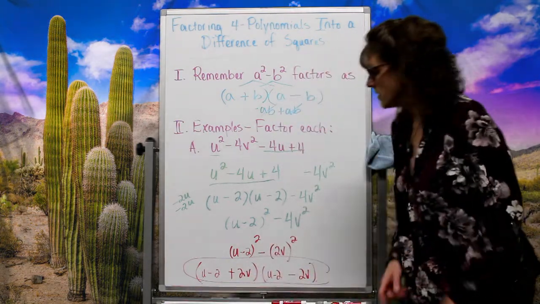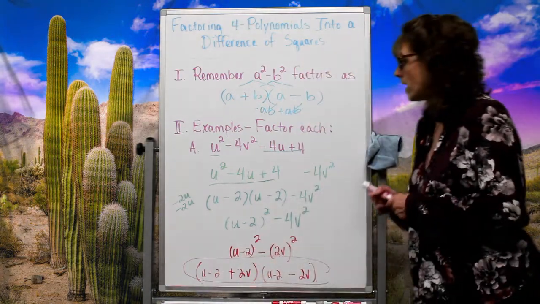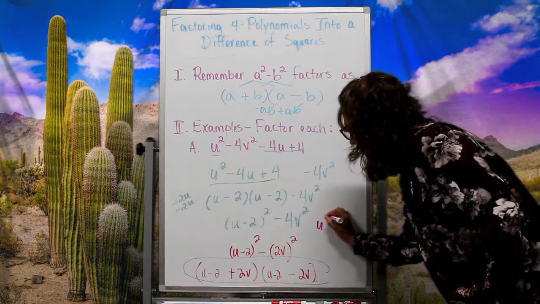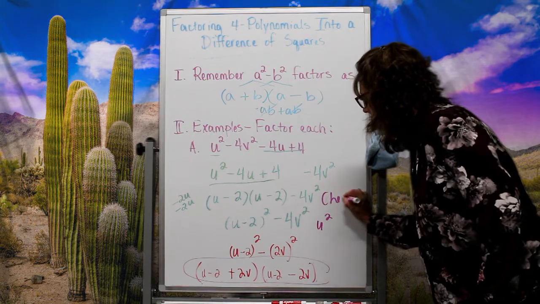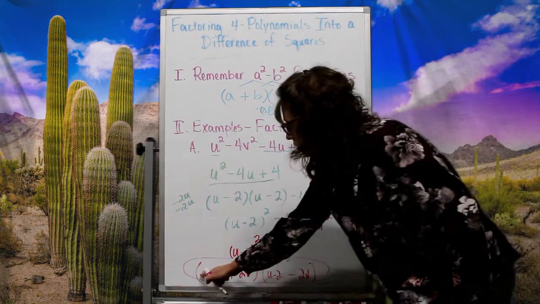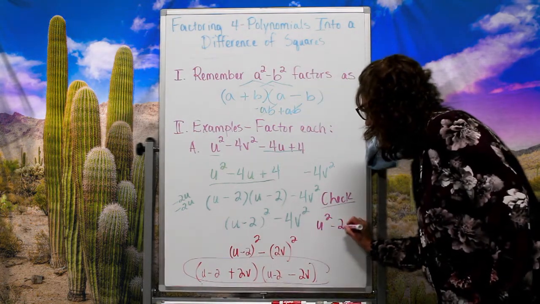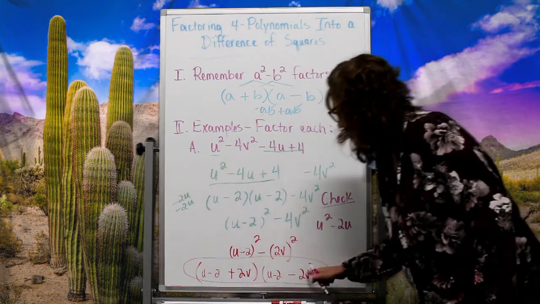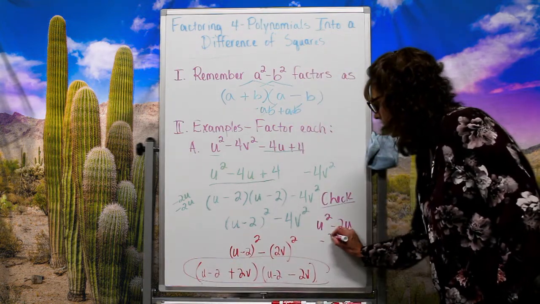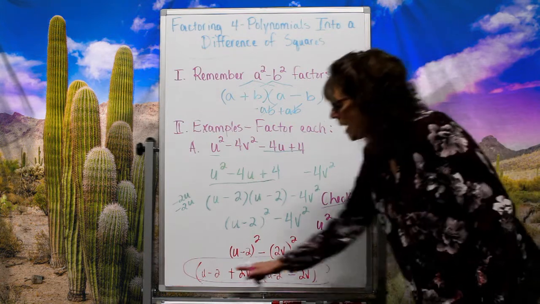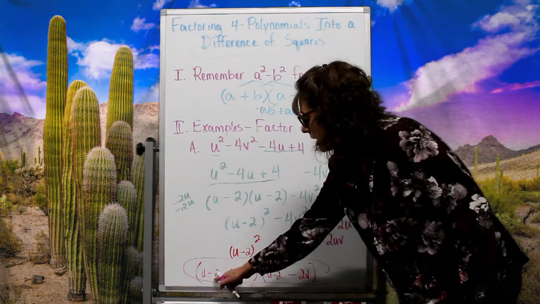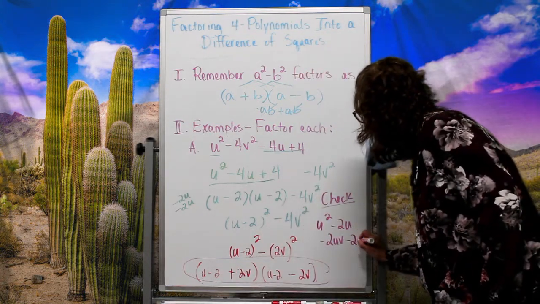Notice that when I multiply this out, I'll take a u times a u, and I'll get a u squared. And this is going to be my check. When I take a u times a negative 2, I get a negative 2u. And when I take a u times a negative 2v, I get a negative 2uv. Now I'm going to take this negative 2 and multiply it through. Negative 2 times u is a negative 2u.